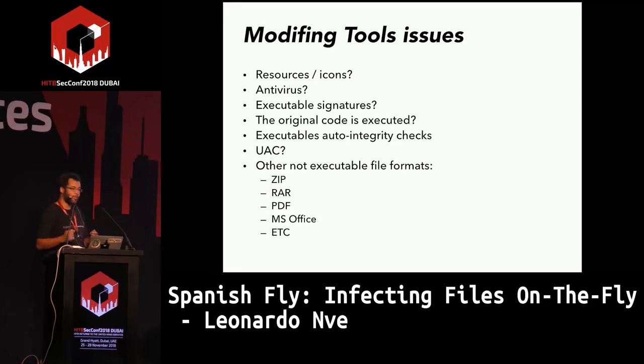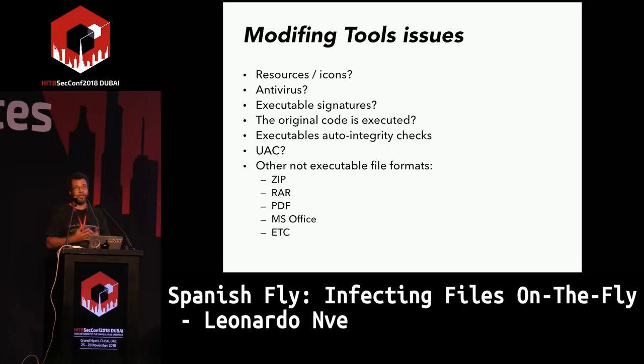Normal issues I found in general with these tools. First, the resources of the executables, the icons. Some tools replace the executable with another one. So if the target downloads a file and they change the executable, the target is not going to find the right icon.